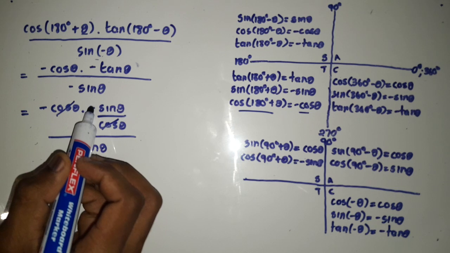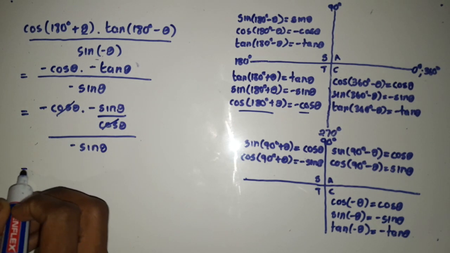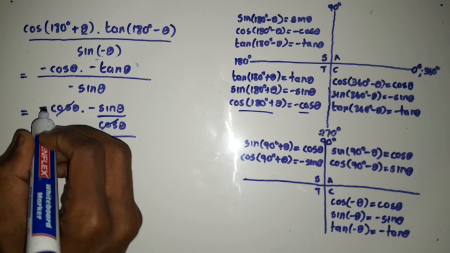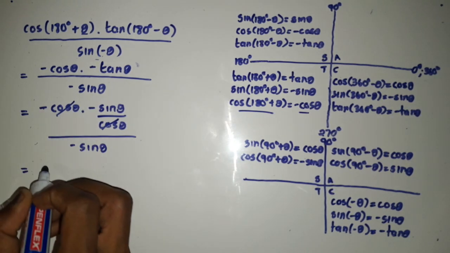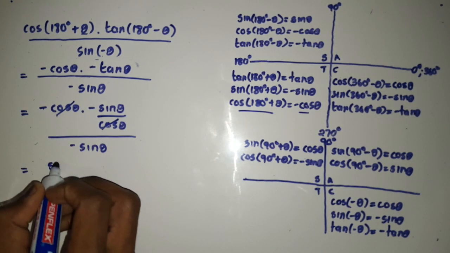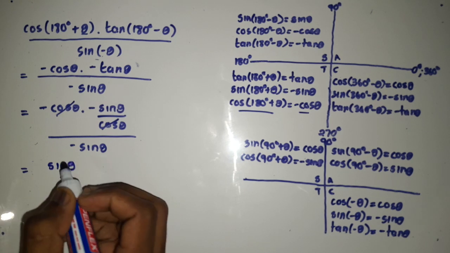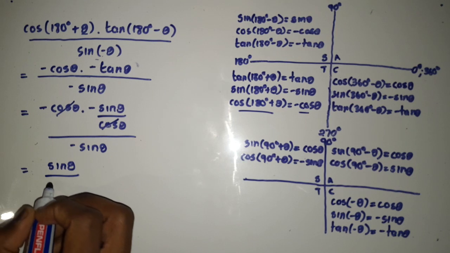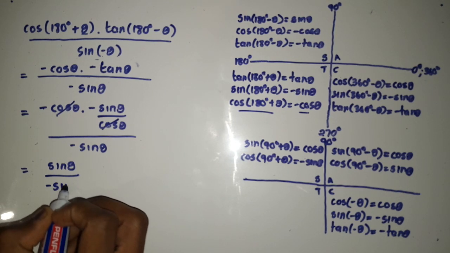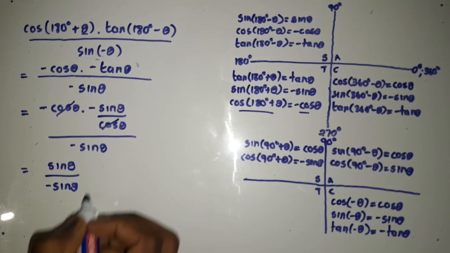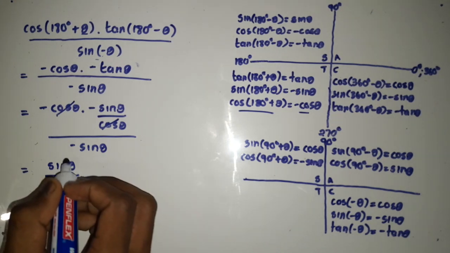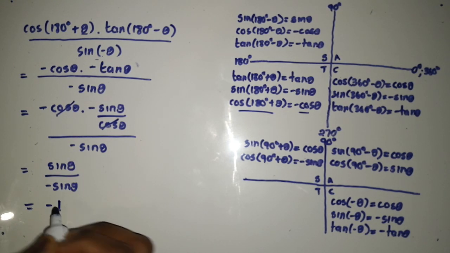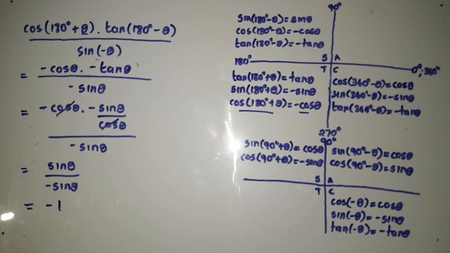Negative multiplied by negative, you must get a positive sign, giving sine theta. Then we have the division by negative sine theta. At the end of the day, it's going to cancel. Our answer is going to be negative 1. You see?